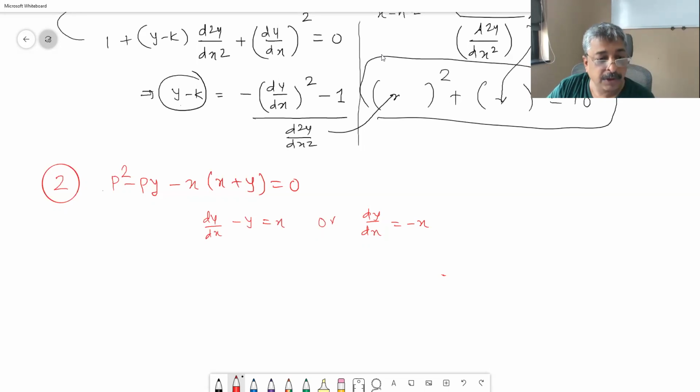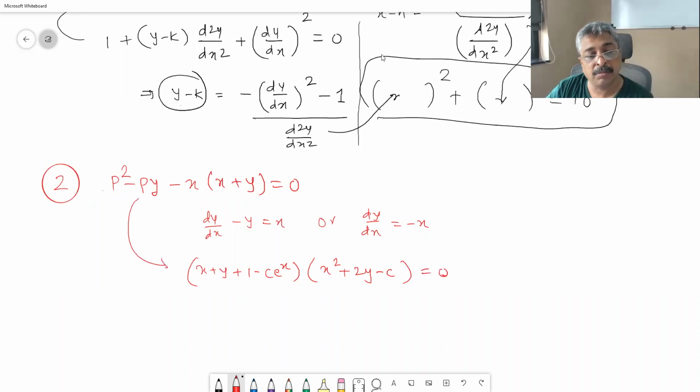Therefore, the solution is x plus y plus 1 minus c raised to x multiplied by x square plus 2y minus c is equal to 0. Okay, so if either this bracket is 0, you are satisfying the equation, or this bracket is 0, you are satisfying the equation. Okay.